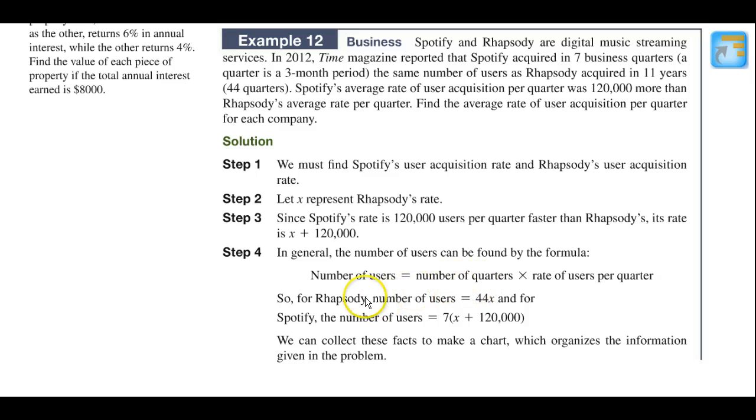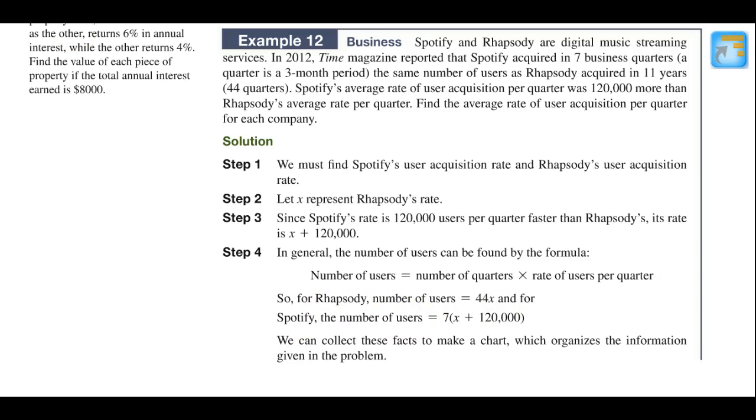Now, how many quarters did Rhapsody use in 11 years? Well, remember there's 4 quarters per year, so that's 44x. And for Spotify, that was 7 quarters. So we have 44 as the number of quarters, 7 as the number of quarters, times what we're saying is the rate.